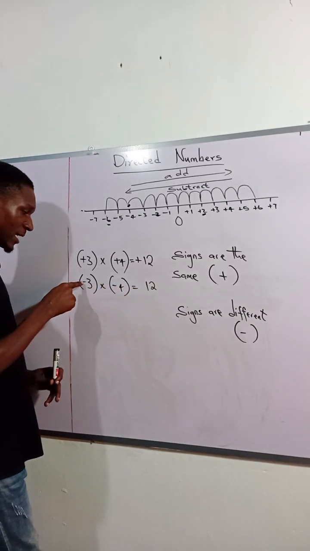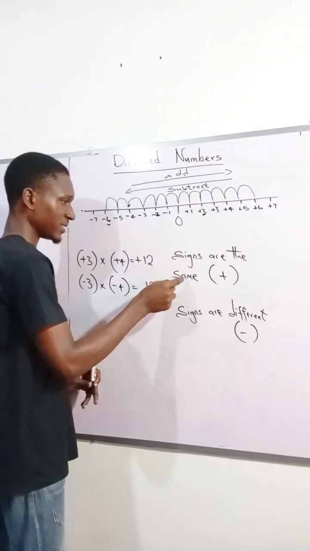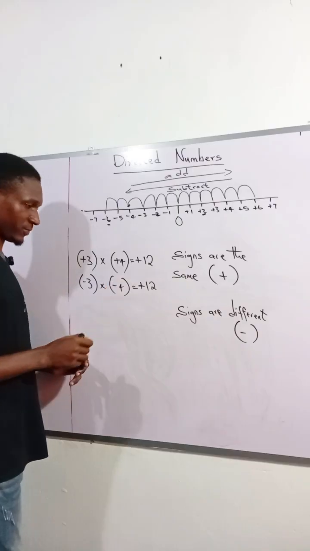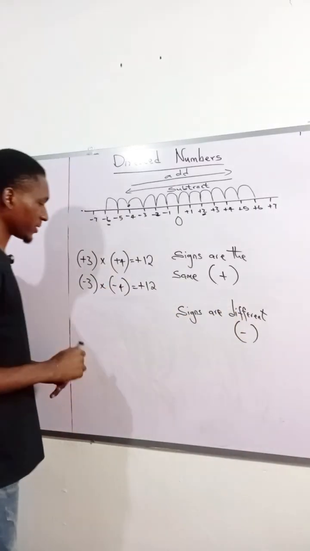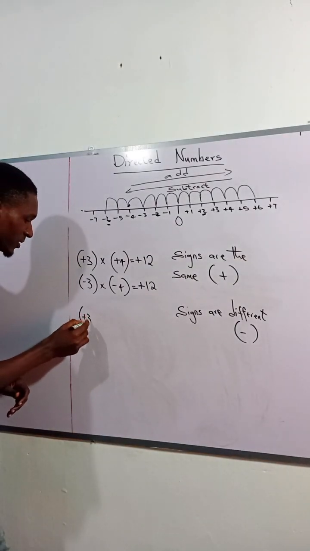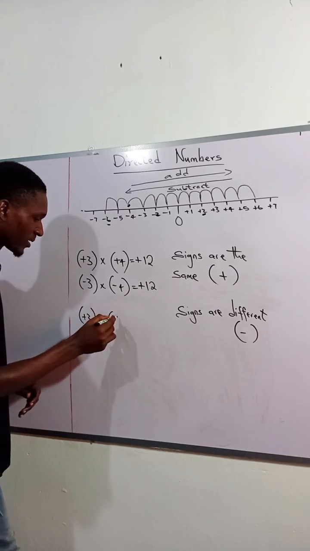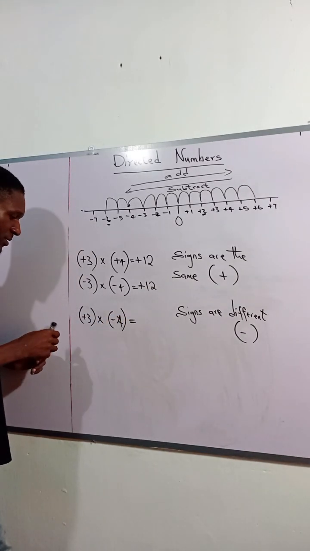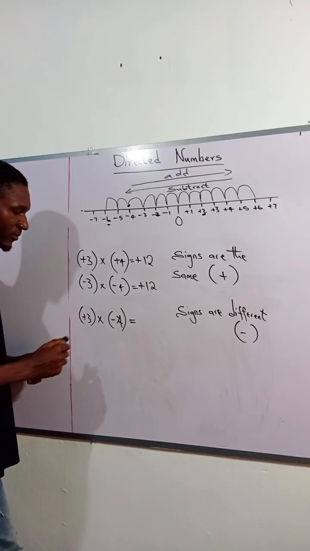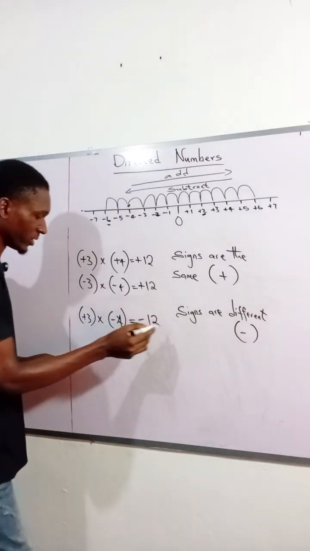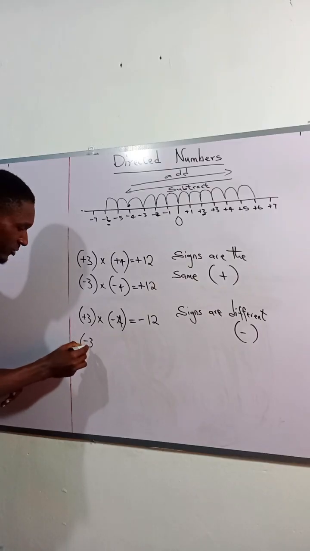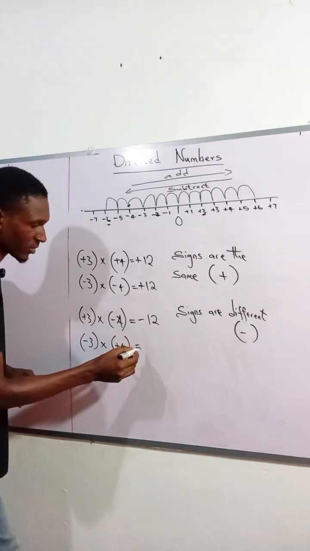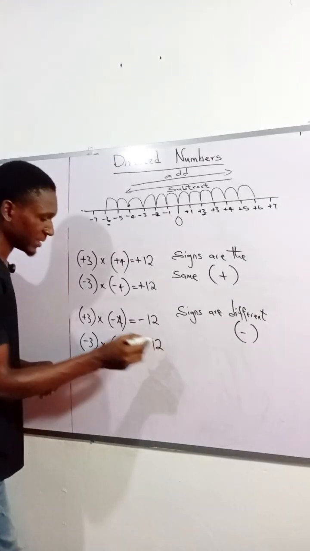Since the signs are the same, your answer would be positive also. But if the signs are different, for example, you have positive 3 multiplied by negative 4, since the signs are different here, it's going to be negative 12. The same thing if it is negative 3 multiplied by positive 4.